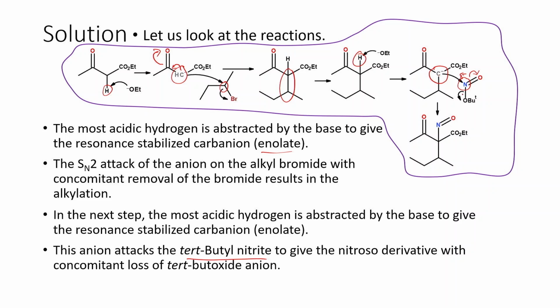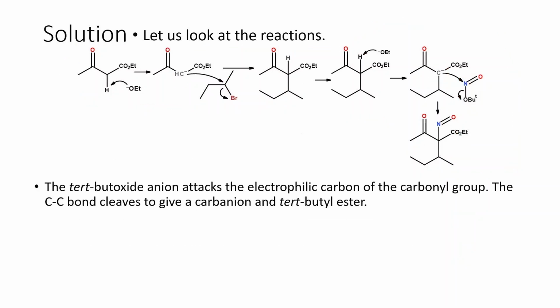So the nucleophile attacks the electrophile to form the bond. The carbon nitrogen bond is formed here. So here in this particular case, the tertiary butoxide group is lost, because when it attacks, the nitrogen's valency increases. So one of the group has to be gone. So that is the reason that tertiary butoxide group is lost.